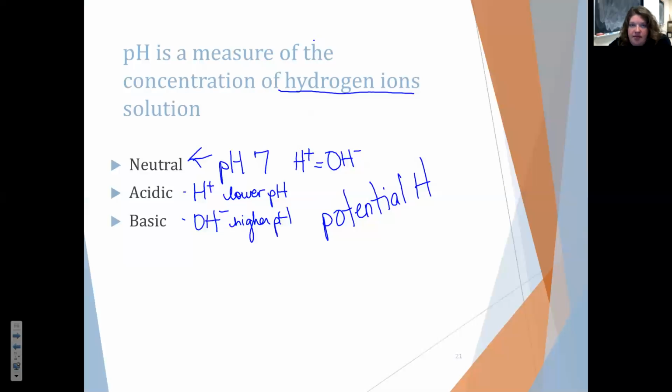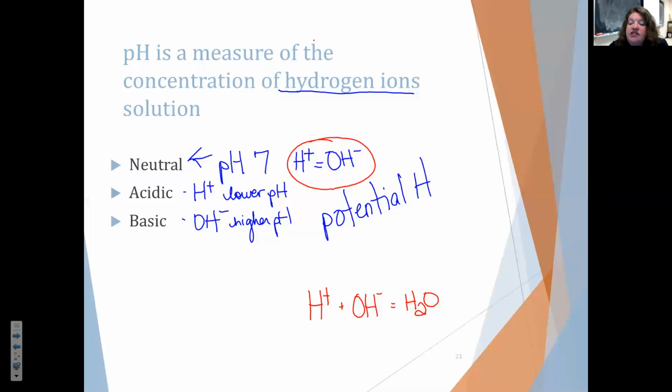So let's take our time and go through this and kind of unpack some of those details. The first thing to look at is, what is this hydrogen and hydroxide ion when we put it together? A hydrogen ion plus a hydroxide ion forms a water molecule. Water is completely neutral. Pure water is the most neutral substance.